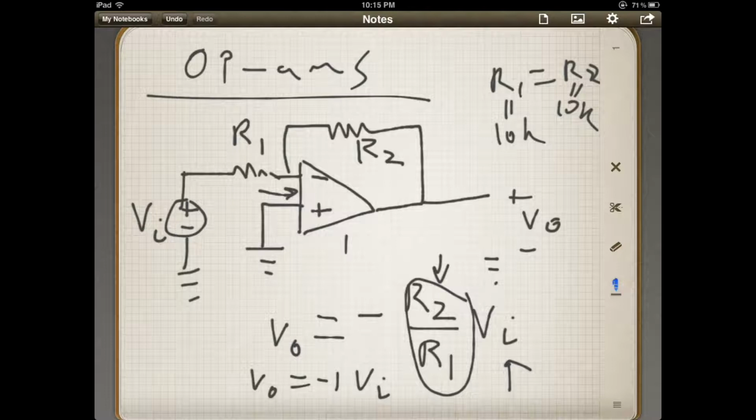Now, I would suggest looking at the specs of your op-amp, depending on your input impedance and your output impedance, because there's an output impedance too. You can only draw so much current out of these guys. They are limited on how much current you can draw out of them. You definitely want to stay in the kilo-ohm regions when choosing your R1 and R2, because you don't want to suck too much current out of the op-amp in the feedback loop.